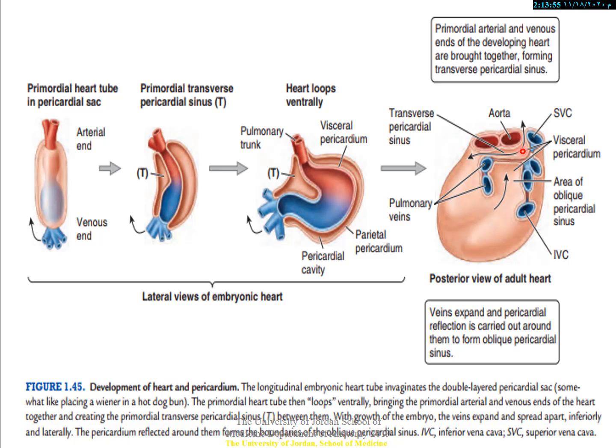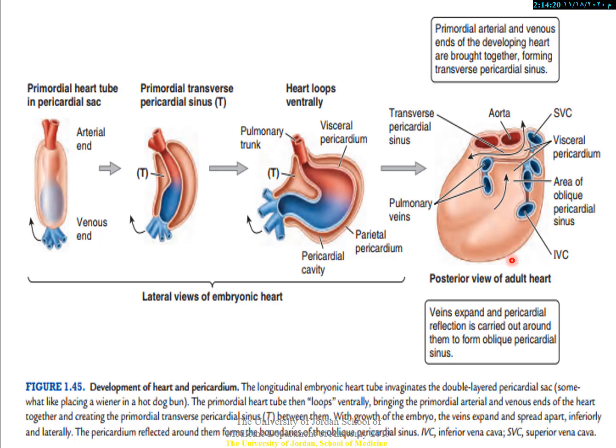So this transverse sinus has some clinical importance. We would talk about it. As well as the transverse sinus, there is another sinus, which is the oblique sinus, also as a result of this reflection.